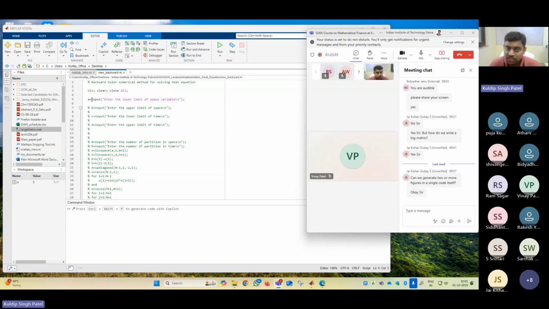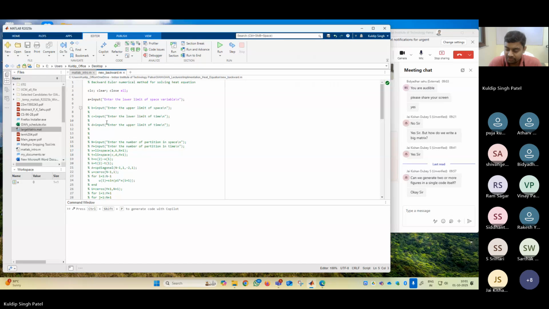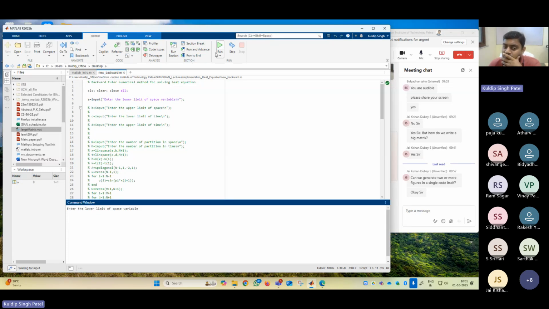So he has to change the value here. But if I use input, then there is nothing to change. Suppose Jaikishanji ran it and entered 0, and suppose Vidyadhar Sahu ran it and entered -1. That's it.